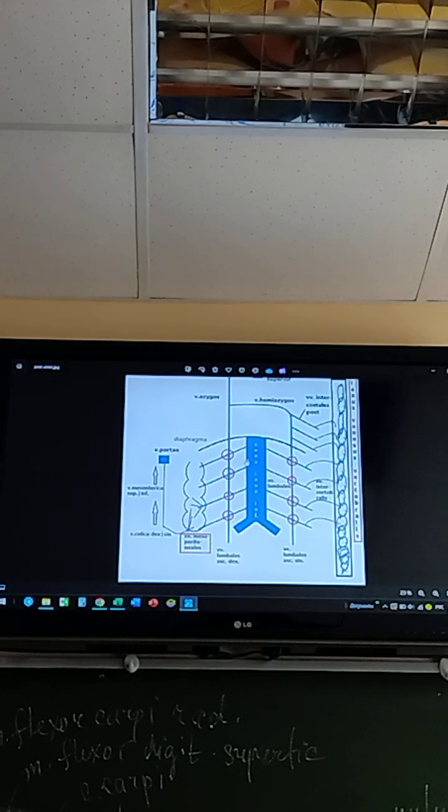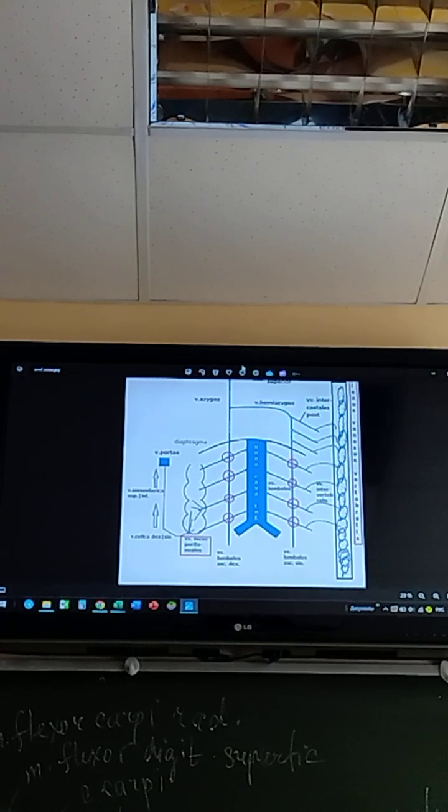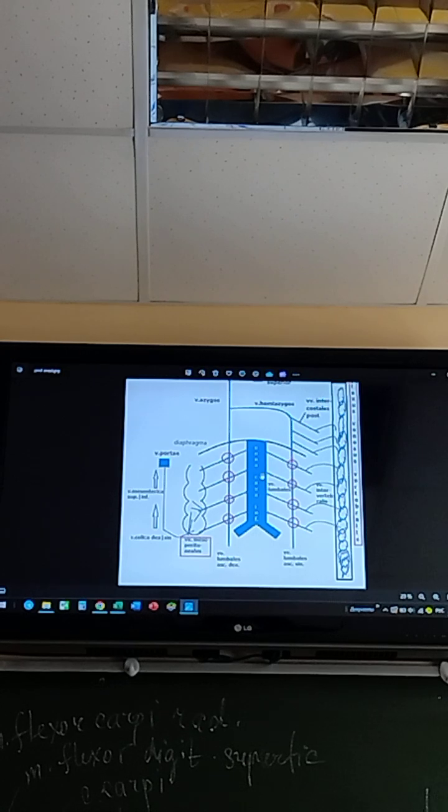This node is located here and presses this place, and blood can pass through lumbar, because the lymphatic nodes press, but venous blood passes through lumbar and through ascending. These are connections between veins. It's anastomosis.